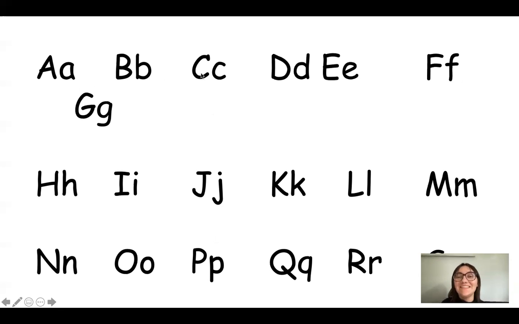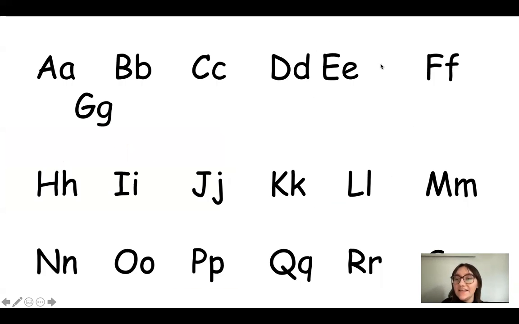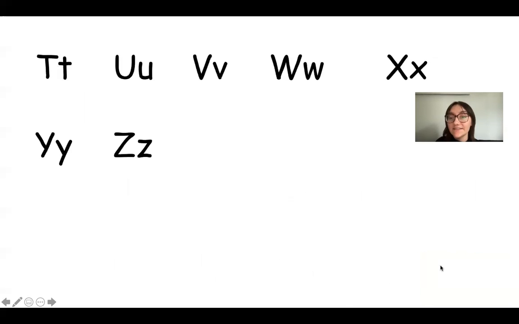A, B, C, D, E, F, G, H, I, J, K, L, M, N, O, P, Q, R, S, T, U, V, W, X, Y, and Z, right? So these are the letters of the alphabet that we have. These are the 26 letters.